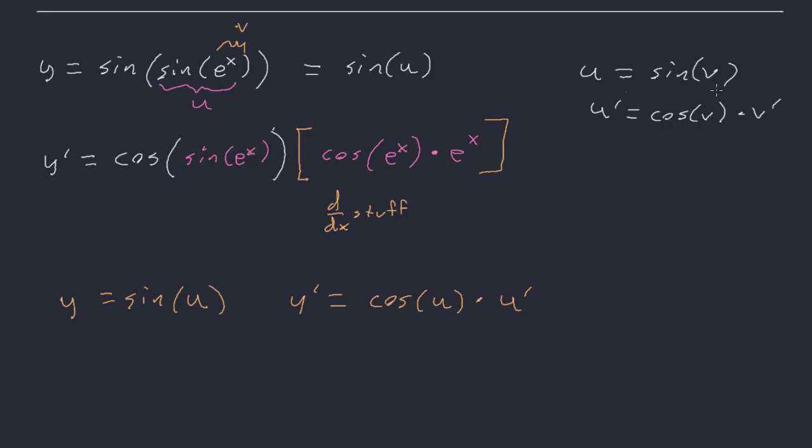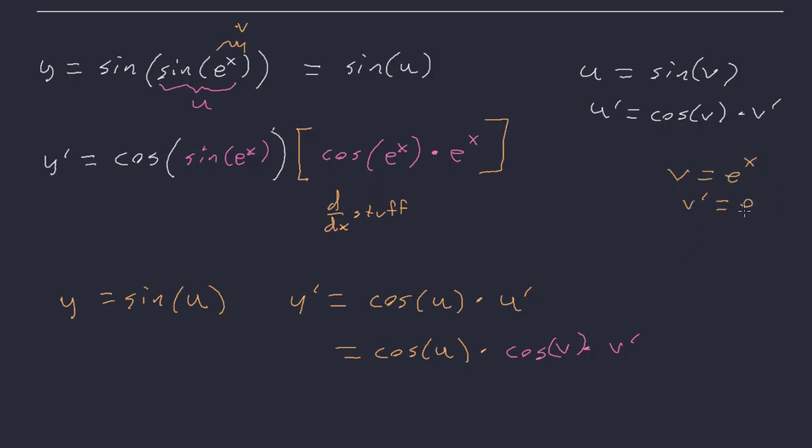So if we put that in here for our u prime, this will be cosine of u times u prime, which we just found is cosine of v times v prime. Well, now we can just put all this stuff in because our v, I didn't really write it, but our v was e to the x.